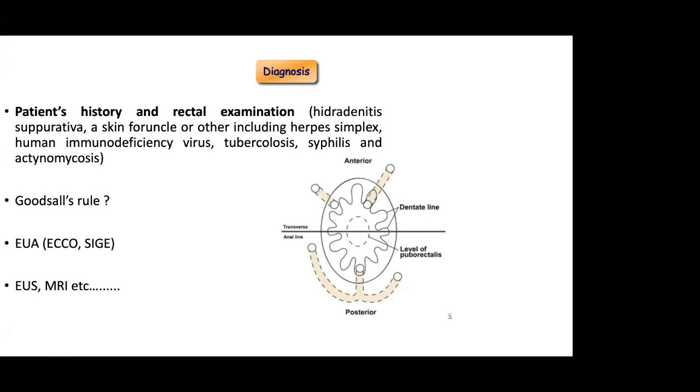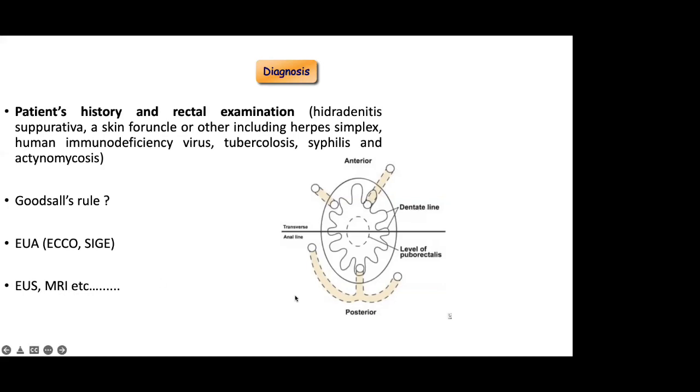And for an external opening posterior to this line, the internal opening is in the midline posteriorly with a horseshoe tract. So completely different. Usually the internal opening of a posterior fistula is at 6 o'clock with the patient in the lithotomy position, whereas if you have an anterior fistula, usually there is a direct tract and the internal opening is at the same hour, the same position, as the external opening.